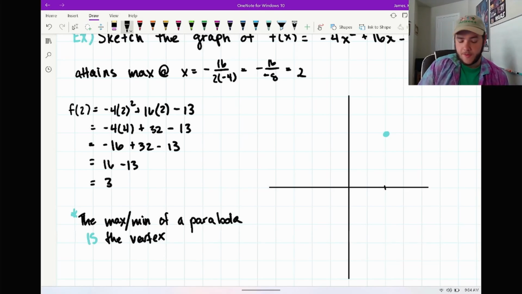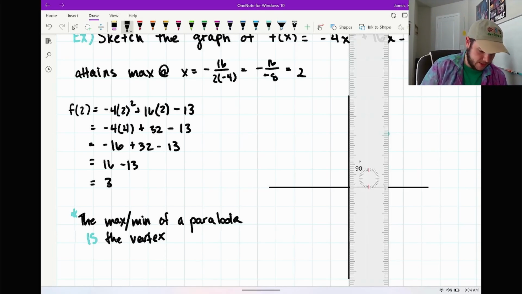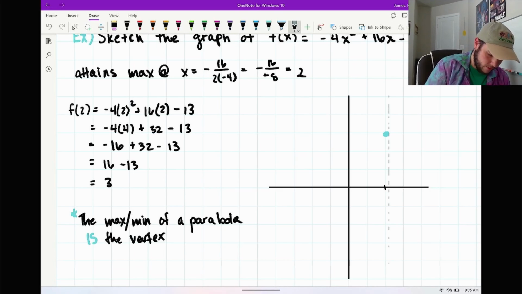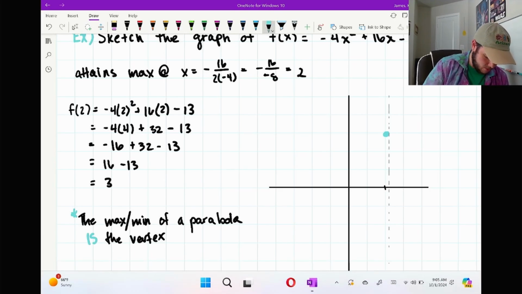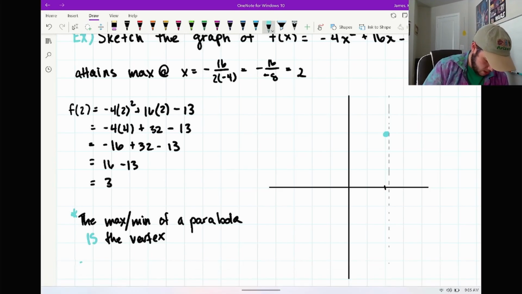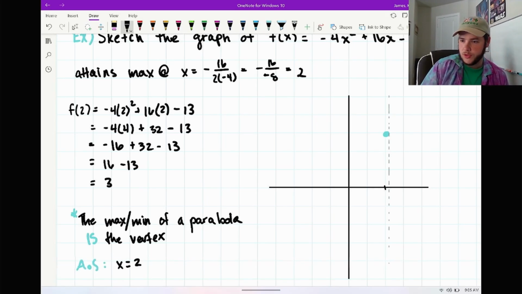So I know that this point is the vertex, which tells me I also know its axis of symmetry now. So I can infer that the axis of symmetry happens at x equals 2. And I've done a horrible job of drawing it there.